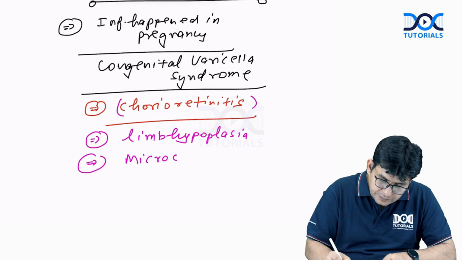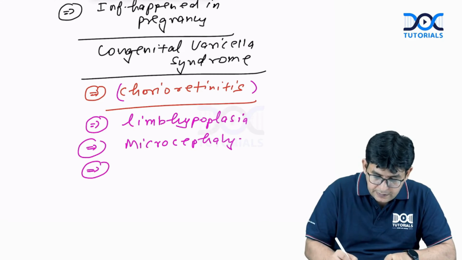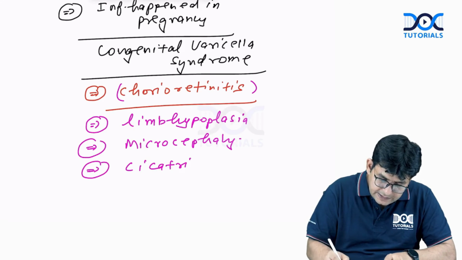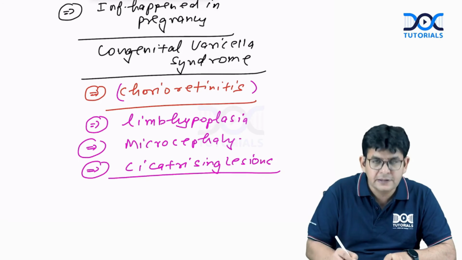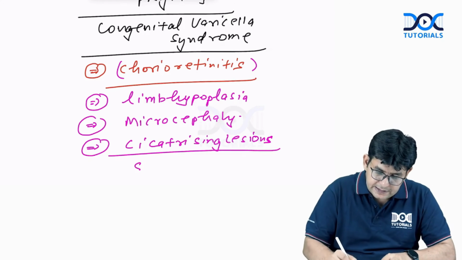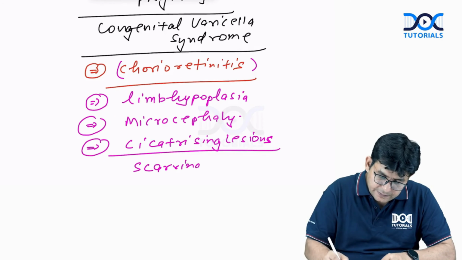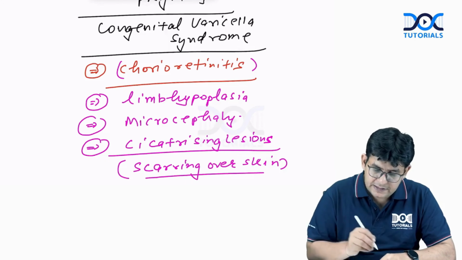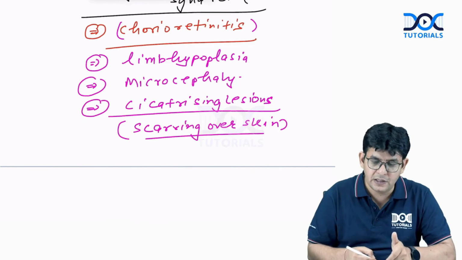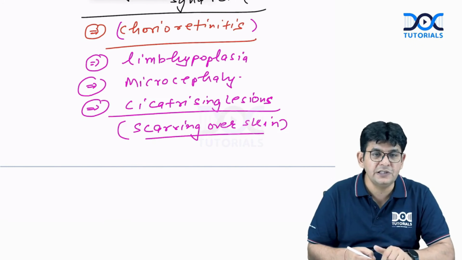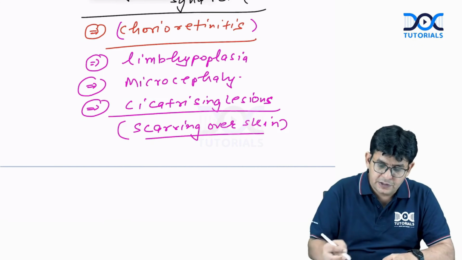Microcephaly, short head. Then cicatrizing lesions. And what are these cicatrizing lesions, guys? Scarring over the skin. So these are all features of congenital varicella syndrome.